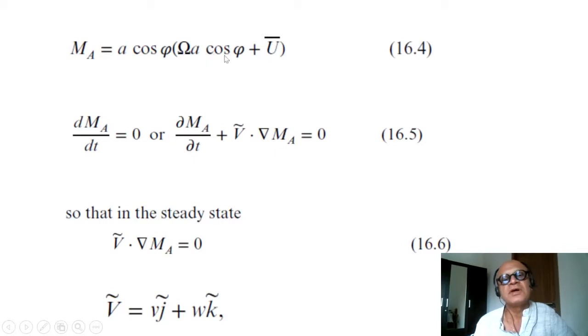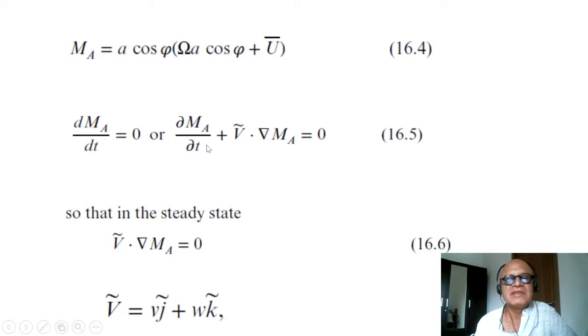Sorry, that's the acquired momentum. So if you move a parcel of air from the equator towards higher latitudes, it's going to keep acquiring angular momentum. And the solution we are looking for is that angular momentum is conserved, so dM_a/dt is 0.